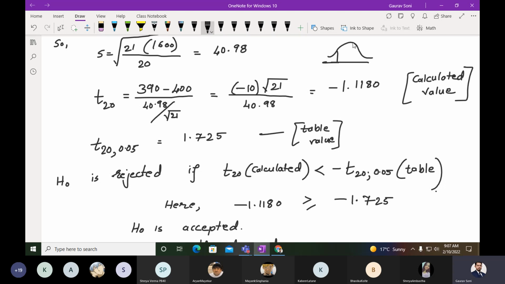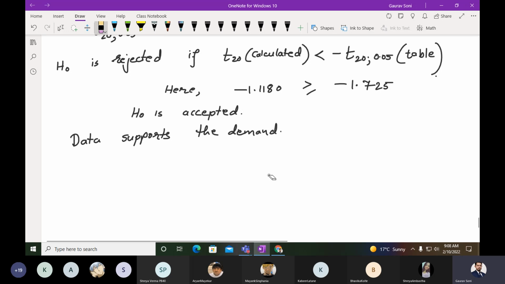If it is on the left hand side, this is the region where the calculated value is larger than the tabulated value. So the tabulated value is here and this is your calculated value. So it turns out to be in this region, which is the acceptable region. So being larger on the negative side is going to be accepted, right? And that's why we have accepted this hypothesis.